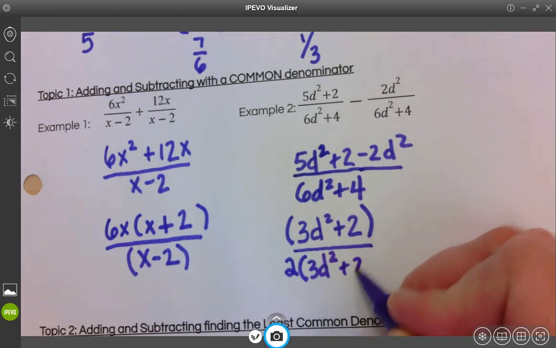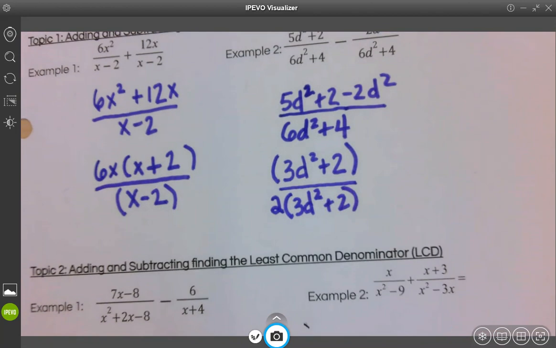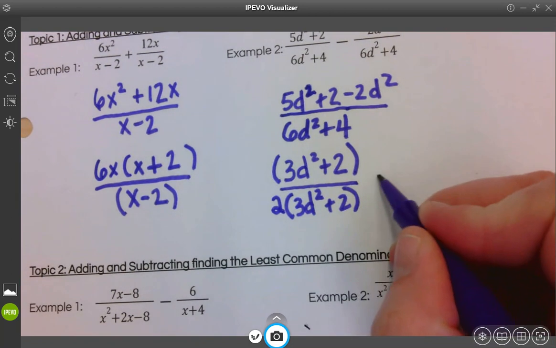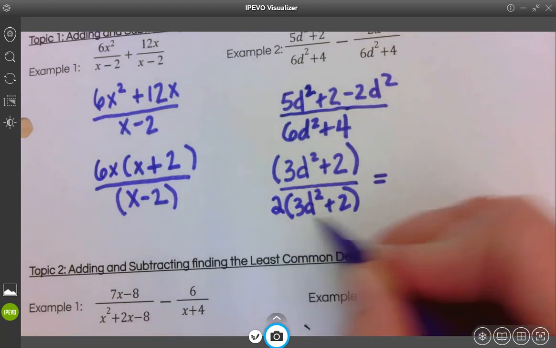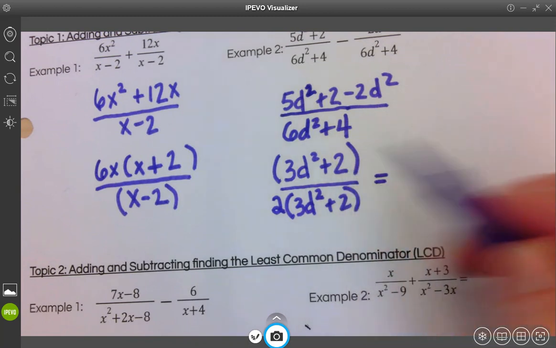And 2 times 2 gives me the 4. Yeah, you're right. All right. So do you see that? It looked like it was going to be a complicated answer, but it's actually going to be a pretty simple answer, because now that 2 is being multiplied by 3d squared plus 2, I can actually cancel out this part.